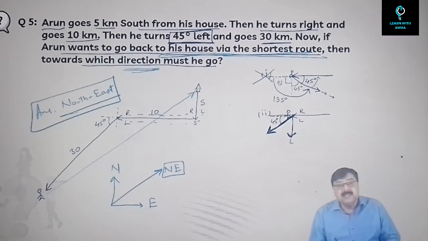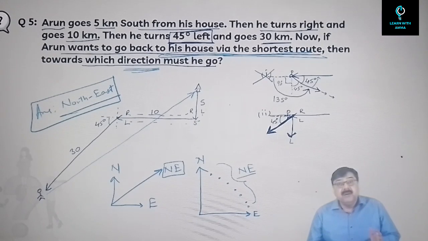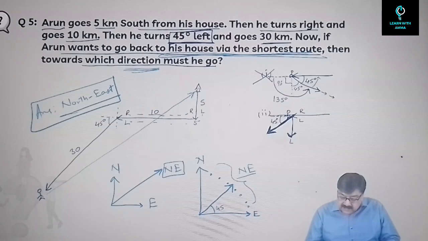Now there is one more fundamental that you must learn, and that is any point which is between north and east would be considered in northeast direction. But if a question says that Ram walks 5 kilometers towards northeast direction, in that case, that northeast direction that you will have to consider has to be exactly in between north and east direction, that is 45 degrees from each of these primary directions, right in between.